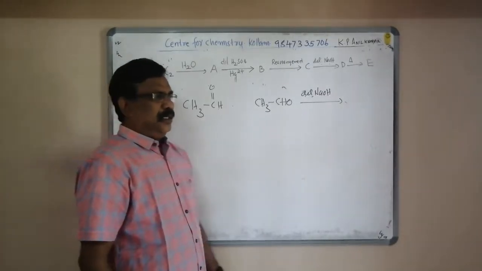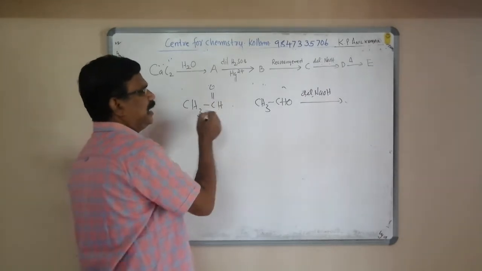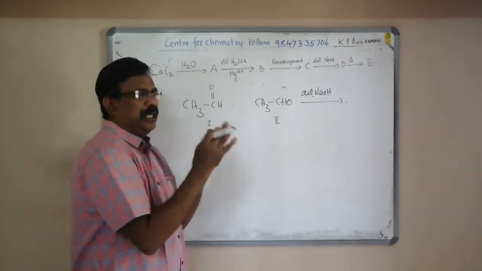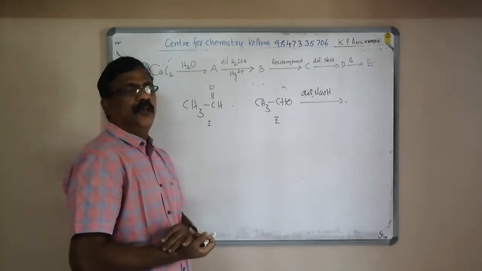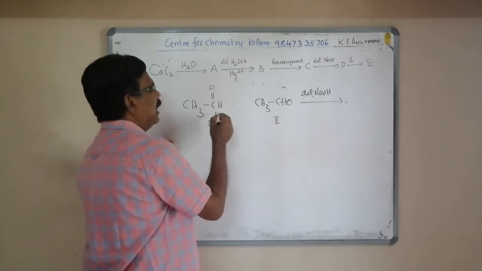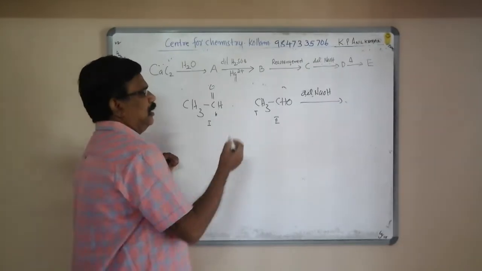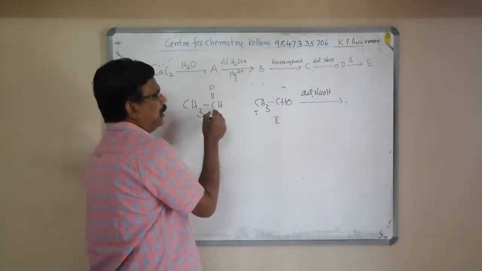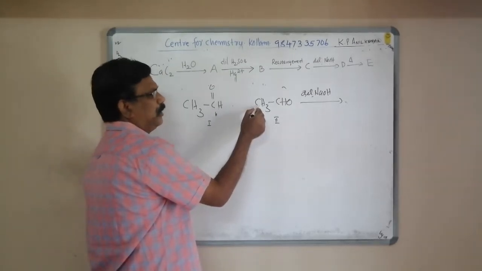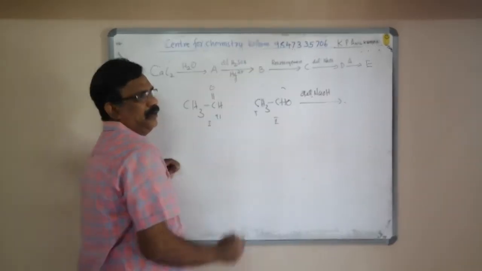So there is a shortcut for this condensation. This is the first aldehyde molecule and this is the second molecule. They undergo condensation in presence of dilute alkali. We can take this CHO as a head and the alpha carbon of the second molecule as the tail, a head-tail fusion.